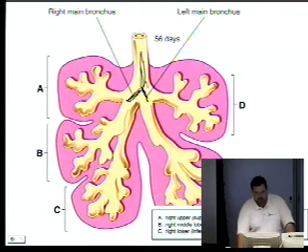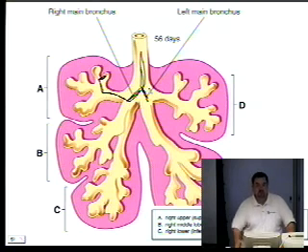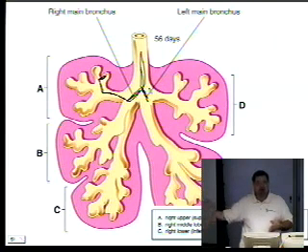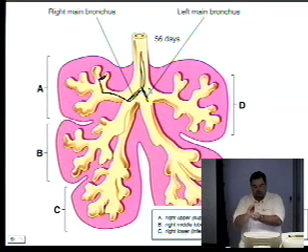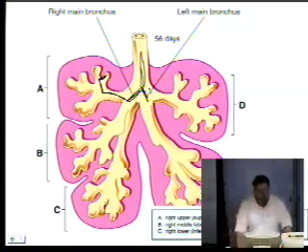So whereas this one's a primary, this one's a secondary, this one's a tertiary, this one's a quaternary, if you can imagine, making about 20 more subdivisions off that, and that helps to provide the little bitty alveolar structure and create extra surface area like that.